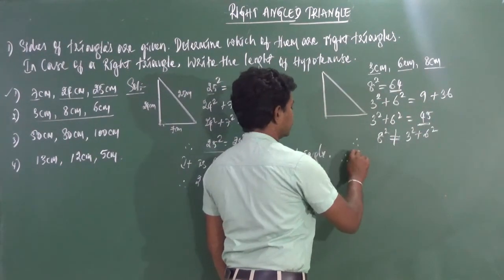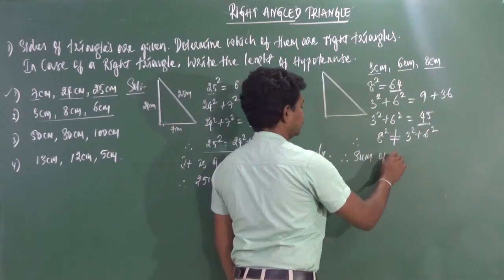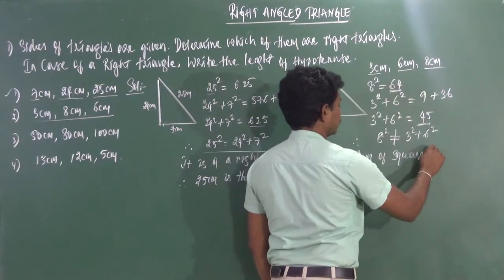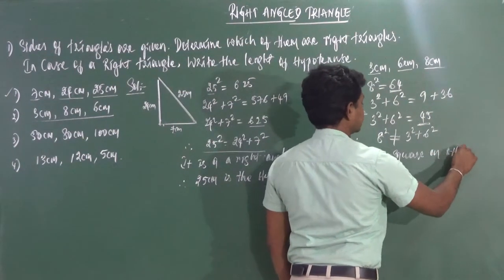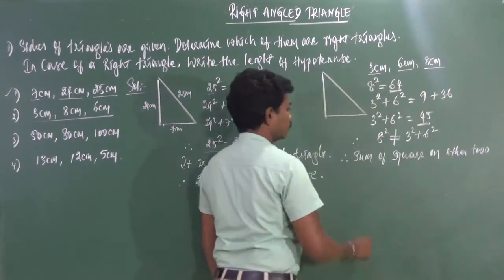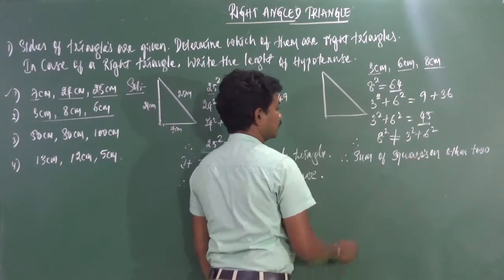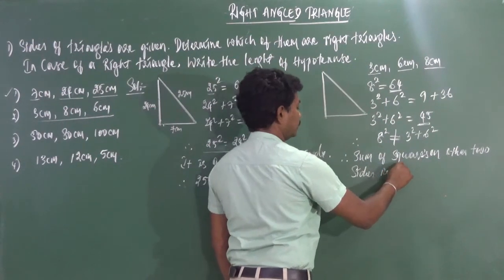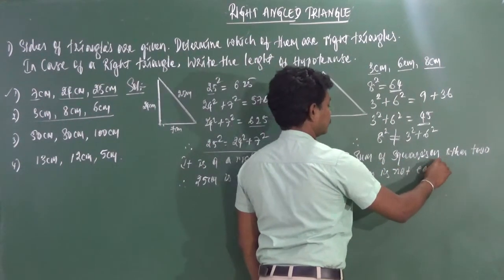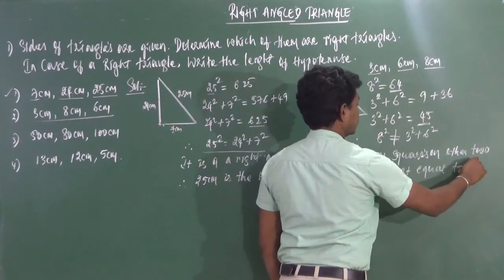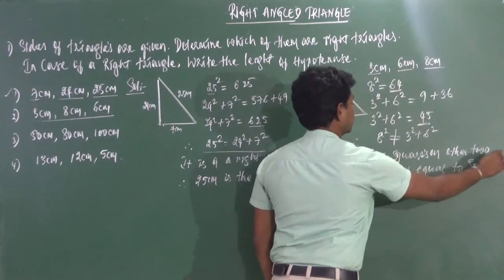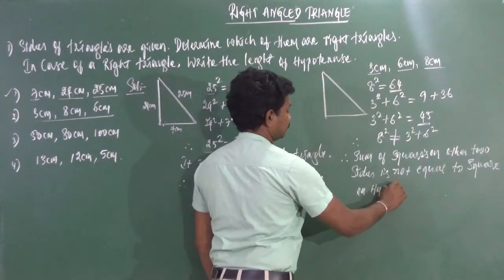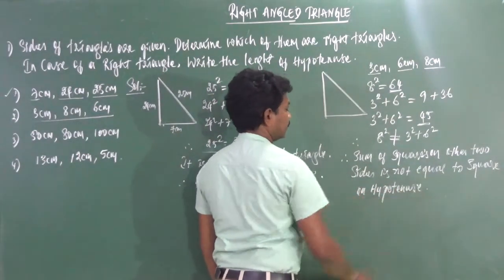So therefore the sum of the squares on the other two sides is not equal to the square on the hypotenuse.